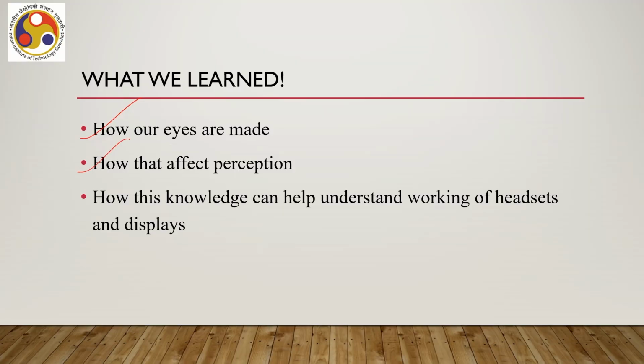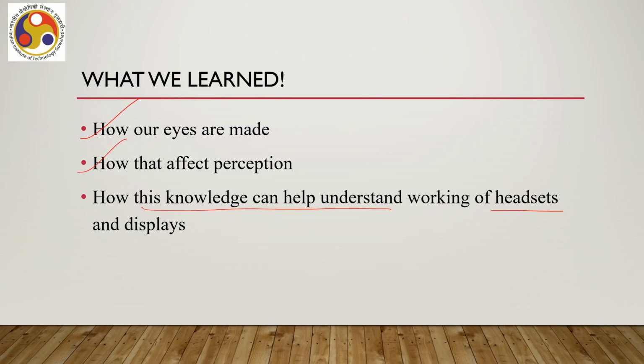So, how the physiology affects our perception, and finally, we also touched upon how this knowledge can help understand the workings of primarily headsets, but it can be relevant for other types of displays as well, in particular in terms of managing resolutions, frame rates, etc. So, this is about visual perception and its relation to the design of XR systems, XR experiences.